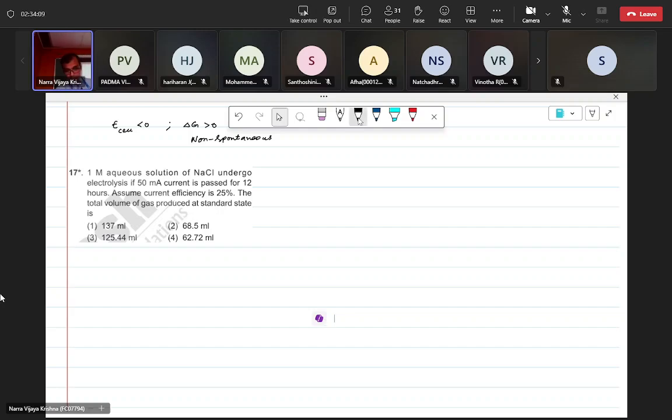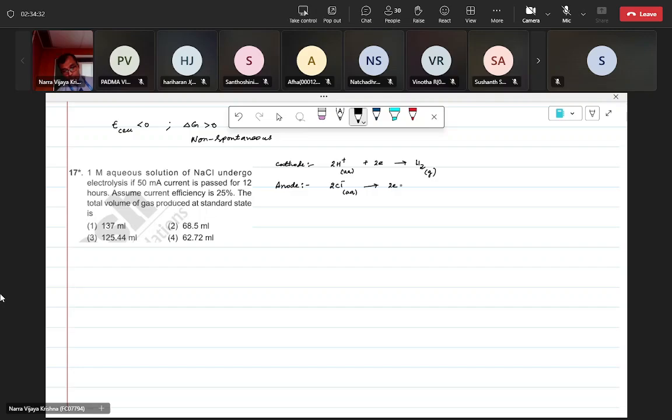So what happens at cathode? 2H plus gain 2 electrons to produce H2. Now at anode, sir? 2Cl minus gives rise to 2 electrons plus Cl2 gas.